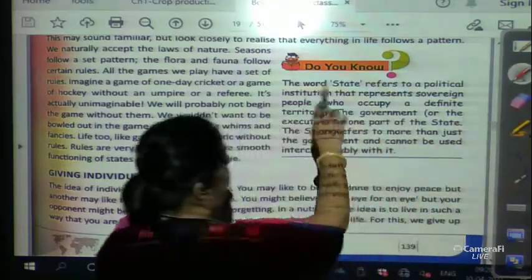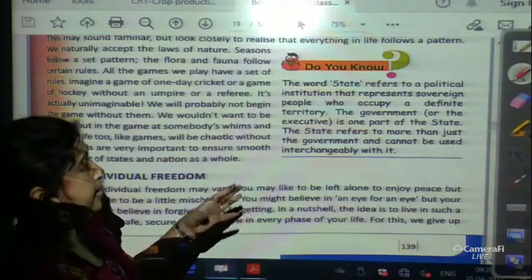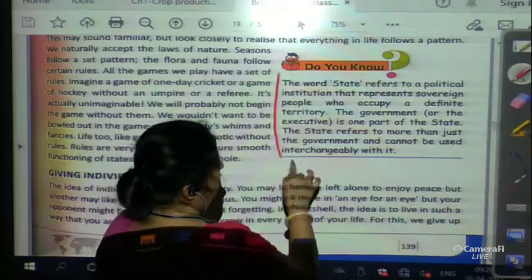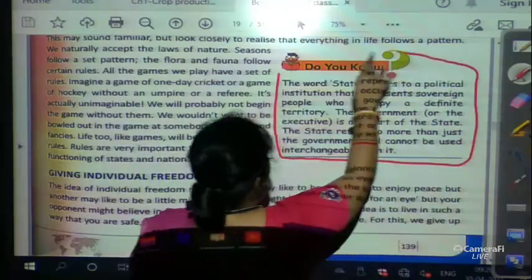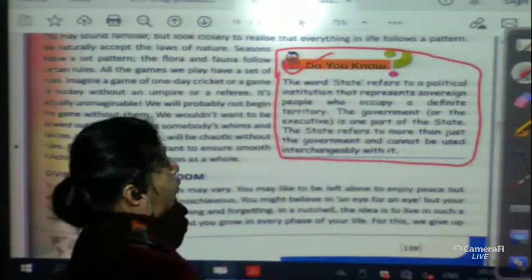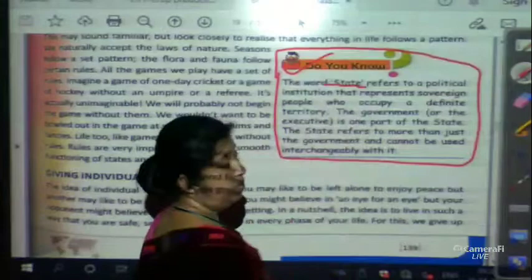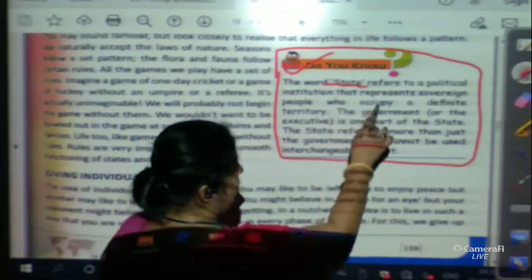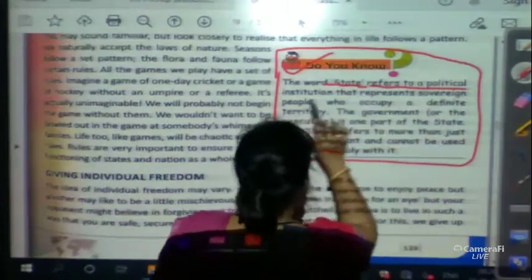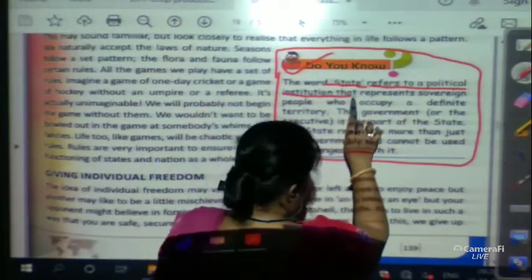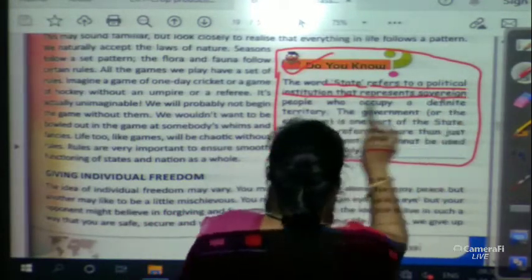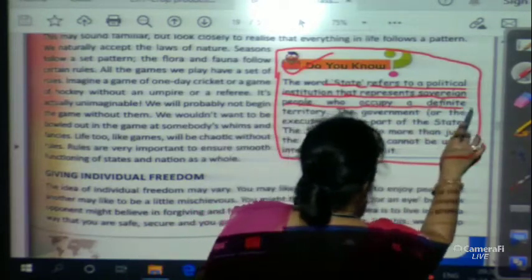Now, on the right side, in this portion, this is a very important portion. Do you know? The word state, we sometimes use this word state. The word state refers to a political institution that represents sovereign people who occupy a definite territory.